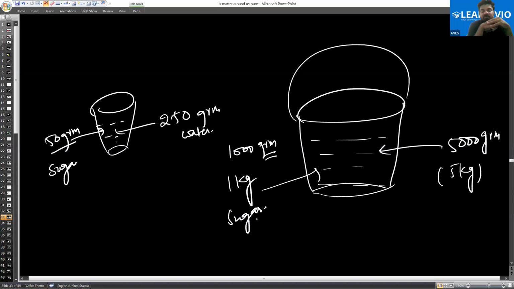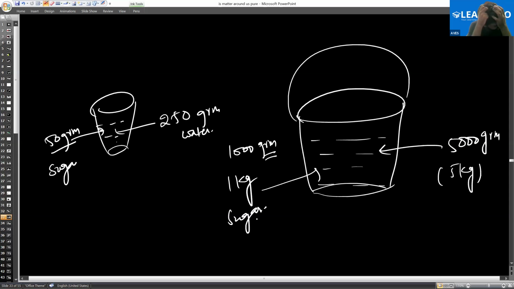If you taste a sip of water from both the bucket and the glass, which do you think is more sweet? In the glass you have 250 grams of water, and in it 50 grams of sugar. And here you have 5 kg of water, and you added 1 kg of sugar to it.